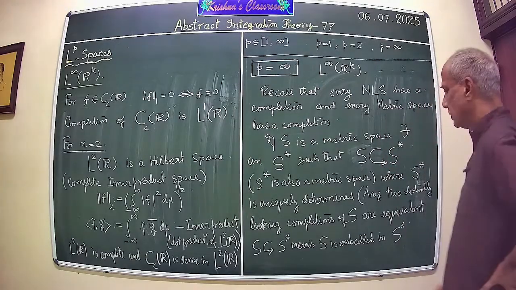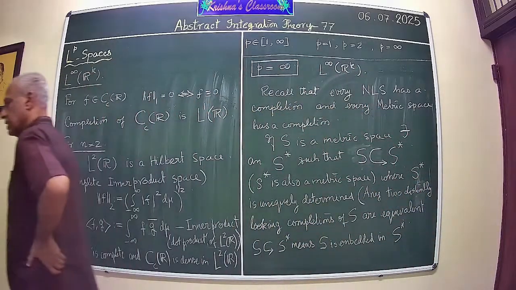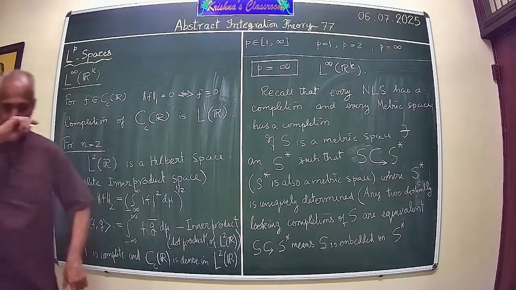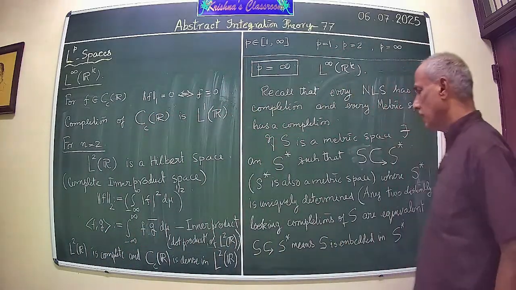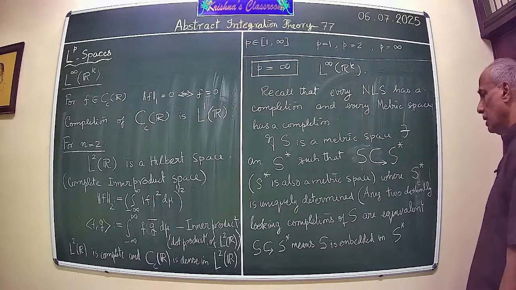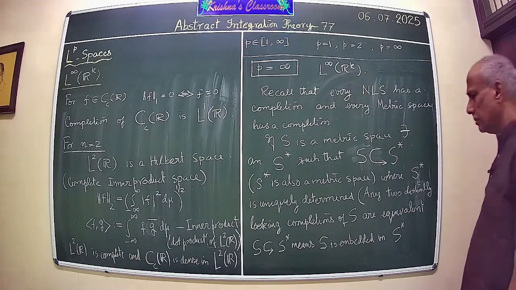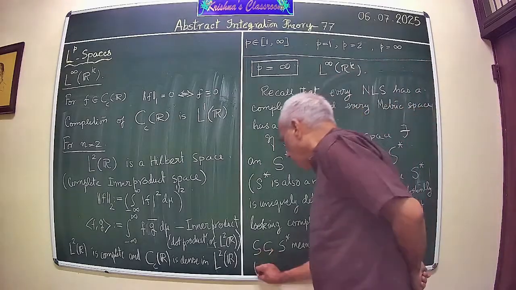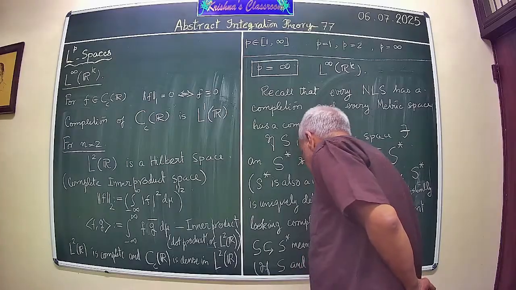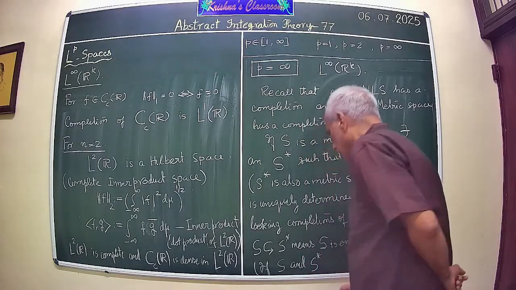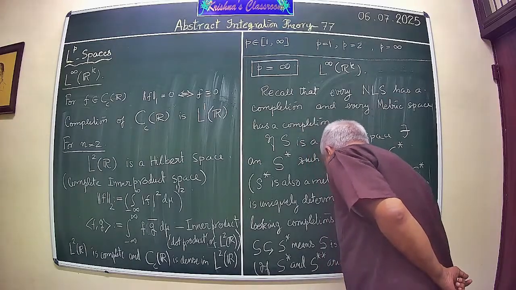So if you have S1 star and S2 star, two such completions, then there is an isomorphism between S1 star and S2 star. That's the meaning.